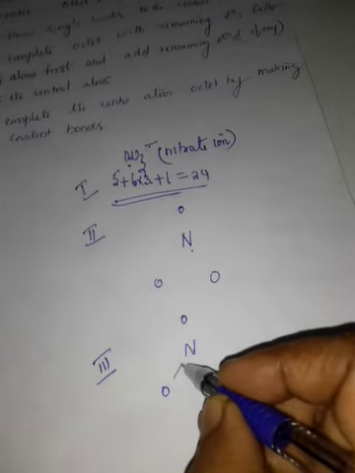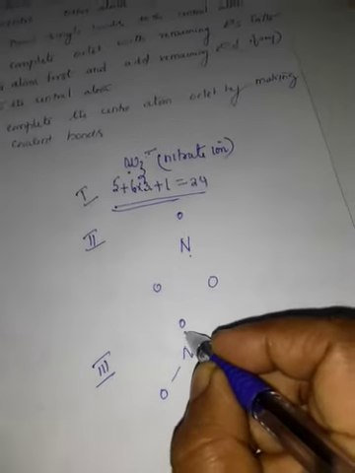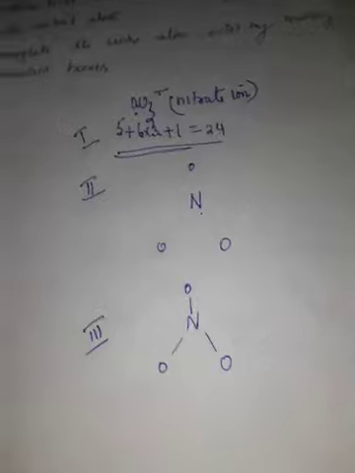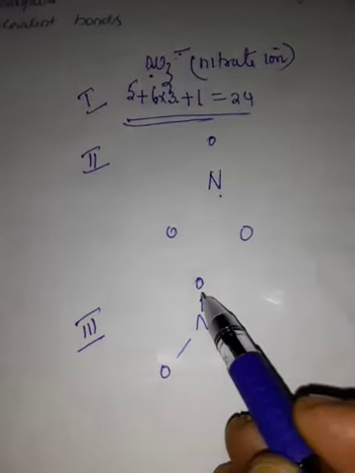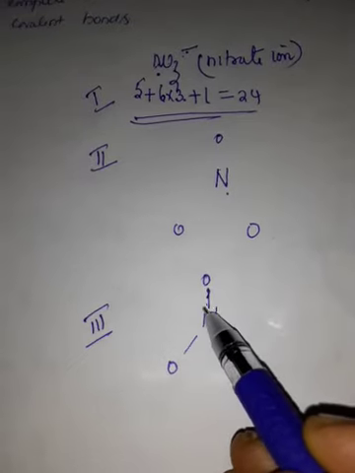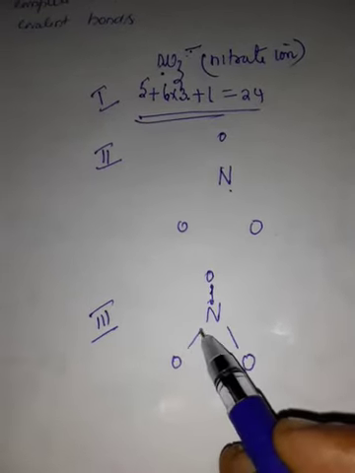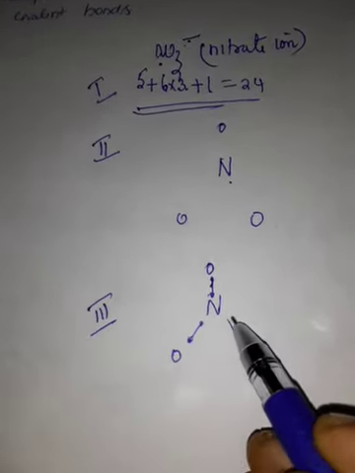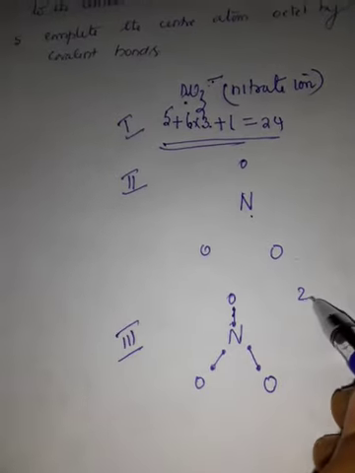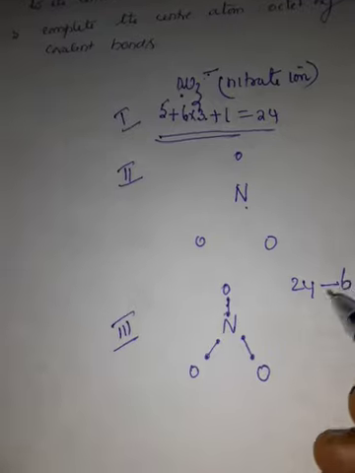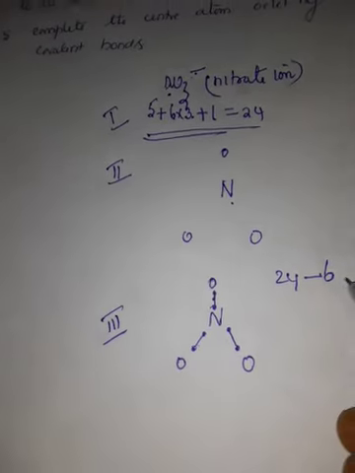Now draw a single bond like this. In a single bond, as you already know, there are 2 electrons present. 1, 2, here also 1, 2, here also 1, 2. So among the 24, 6 electrons are occupied: 2, 4, 6.